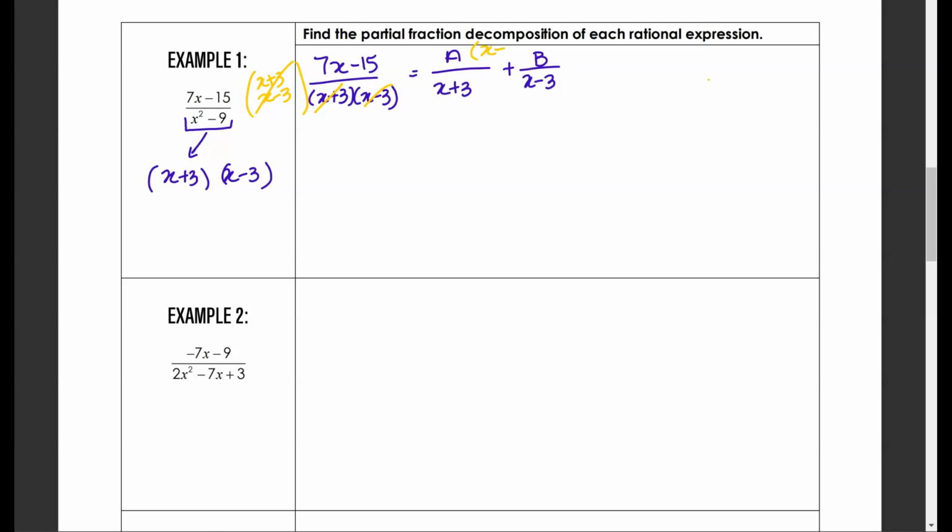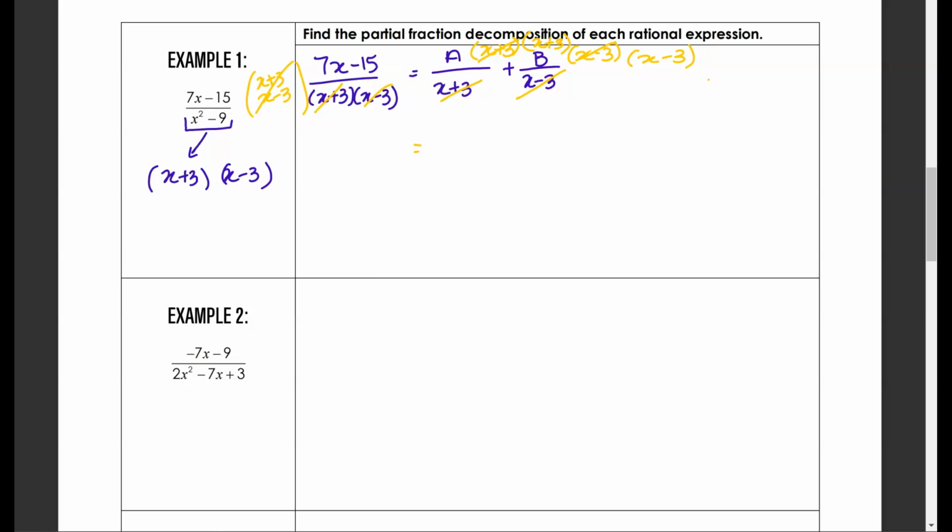So then when I multiply it here, the x plus 3's go away. Oops, the x minus 3's go away. But remember, I still have that x plus 3 here, and I have that x minus 3 here.